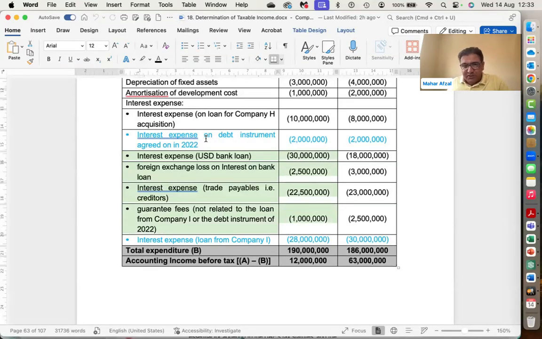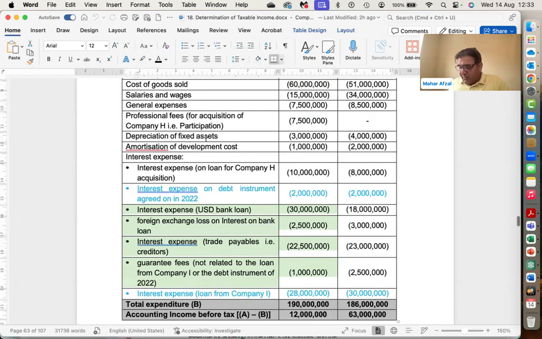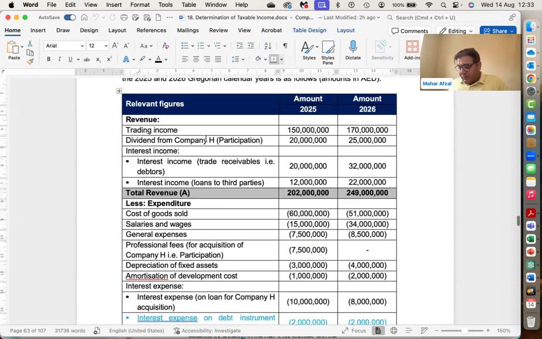So if I'm going through this calculation once again, I'm putting 12 million plus 28 million plus 1 million plus 22,500 plus 2,500 plus 30 million plus 10 million, less 20 million, less 12 million, less 20,250.